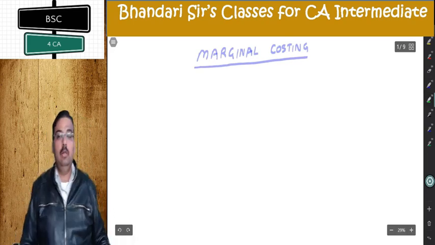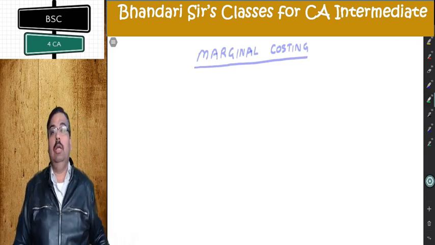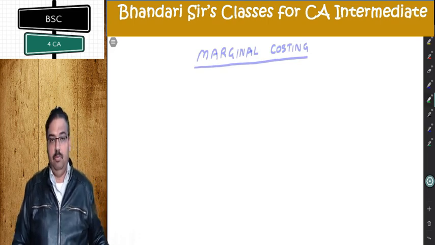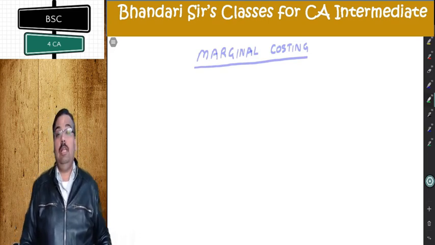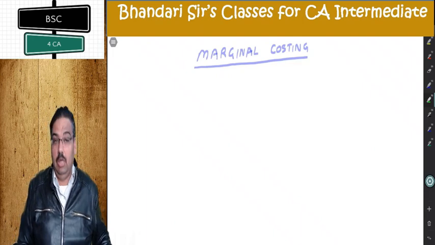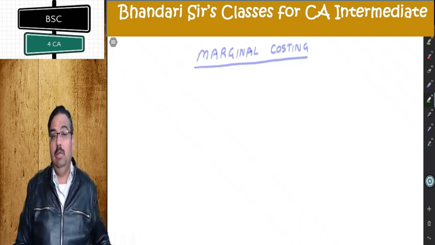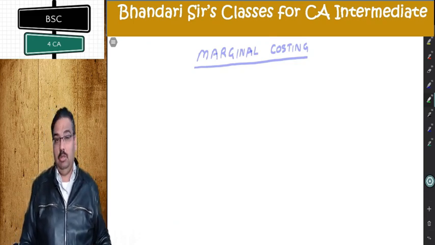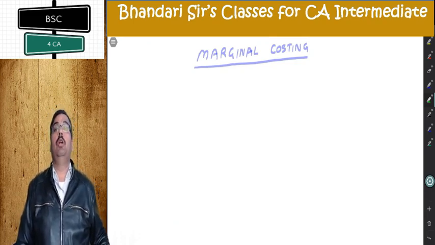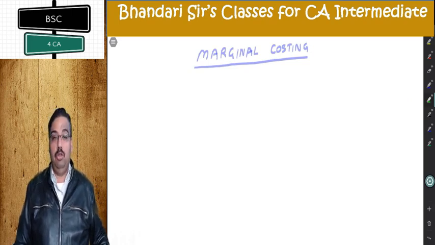Now, where did the term marginal costing emerge from? It emerges from a concept that you have done at CA foundation level in economics, which was marginal cost. There was a chapter theory of cost. In that you were told total cost, average cost, marginal cost.